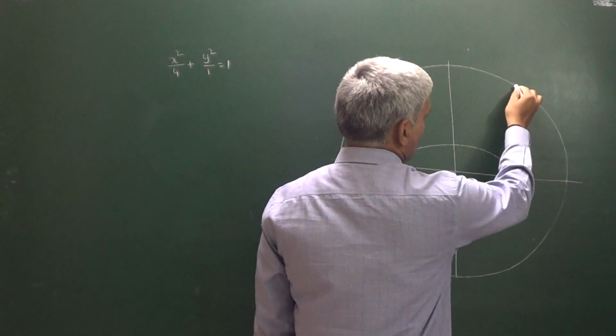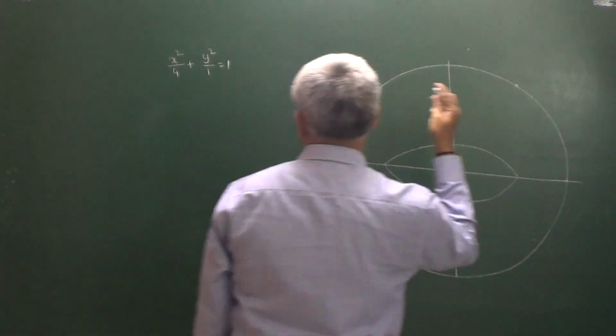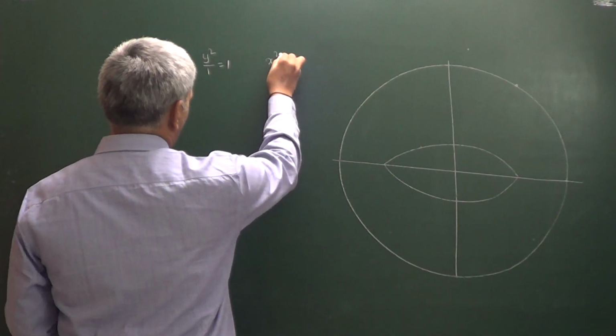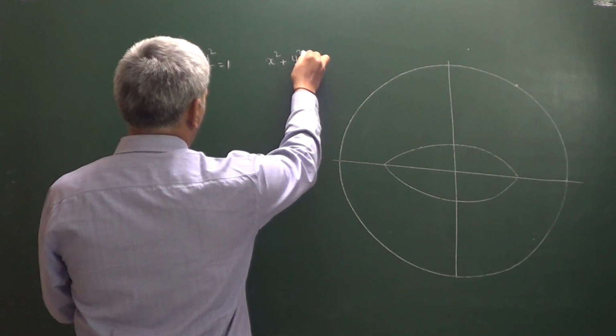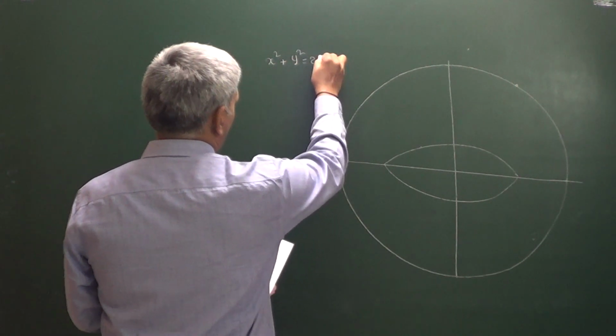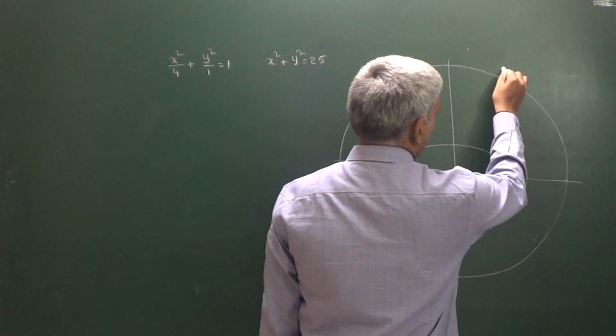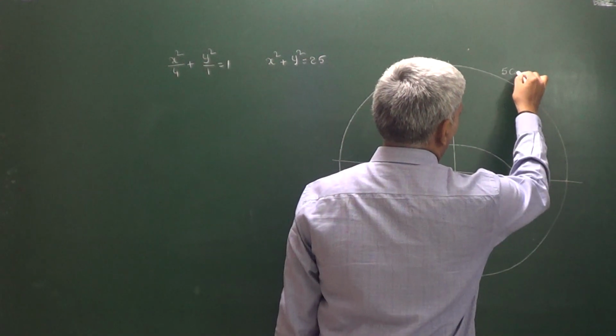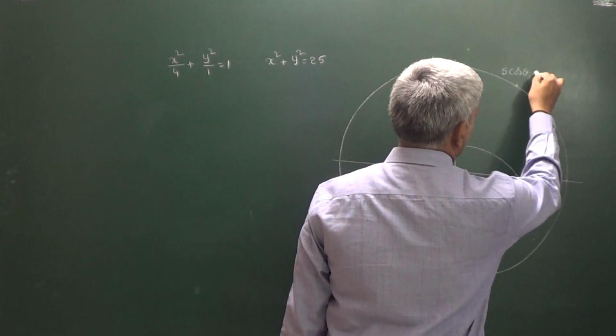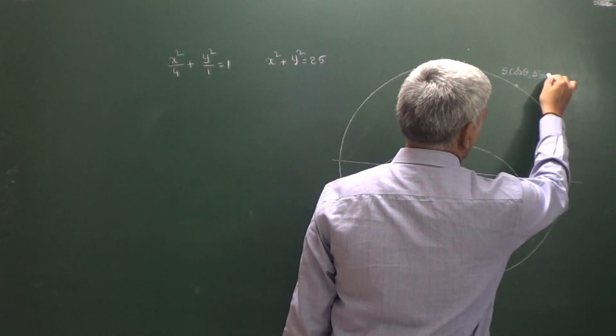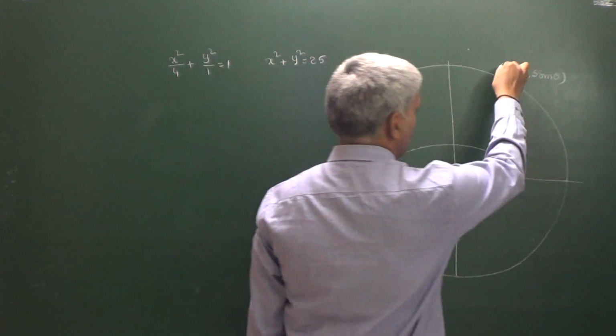So any point on this circle we can take as 5 cos theta comma 5 sin theta, that is a point on the circle.